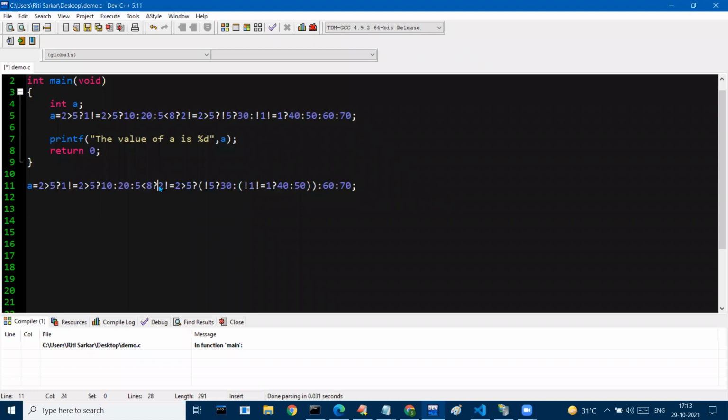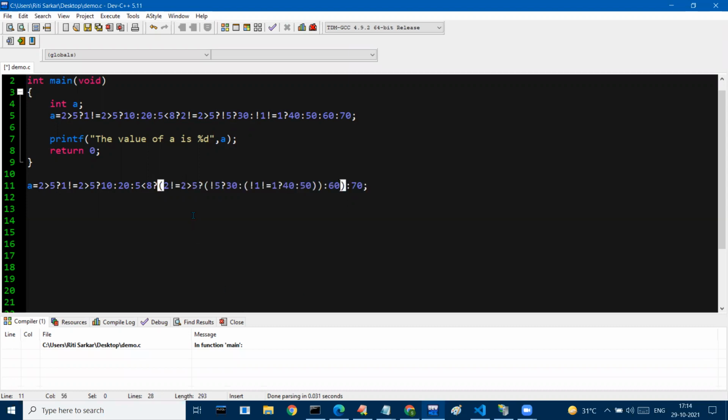So expression 1, the bracketized part entirely is expression 2, and 60 is expression 3. Let me repeat: for this question mark, from here to here, I can make a bracketization, from 2 up to that 60, I can put it into the bracket.